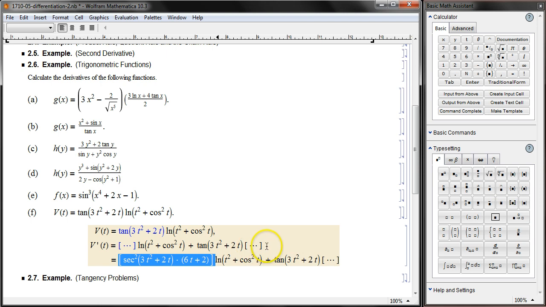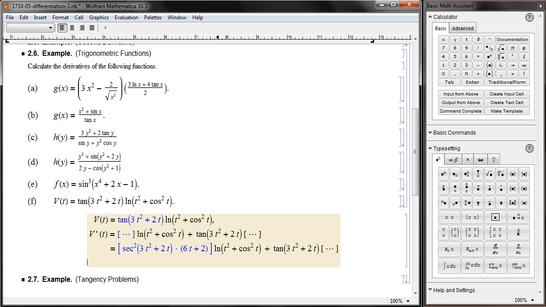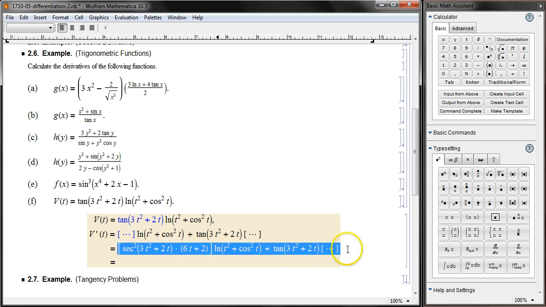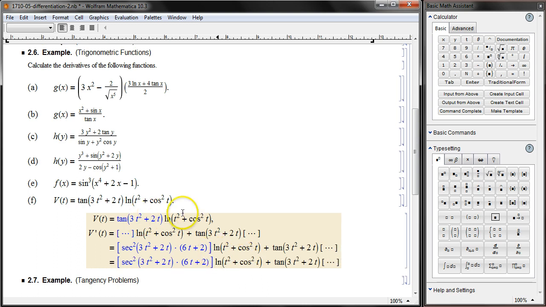Okay, let's take care of the derivative of the second factor. Let's copy this. What is the derivative of a logarithmic function?